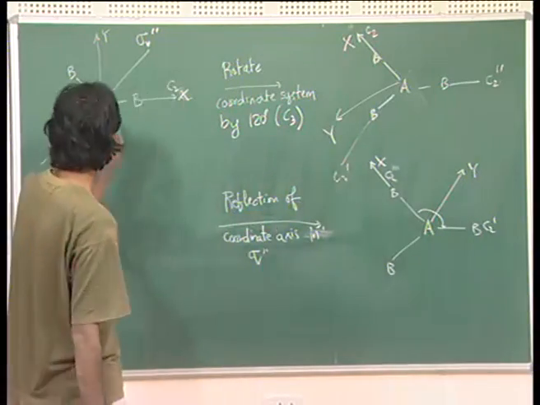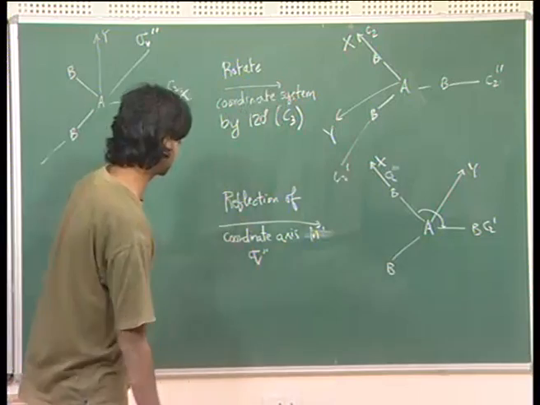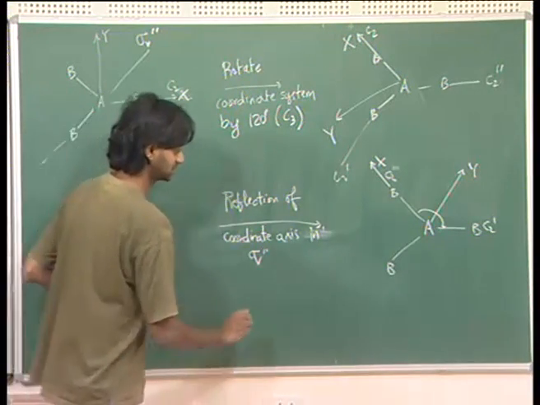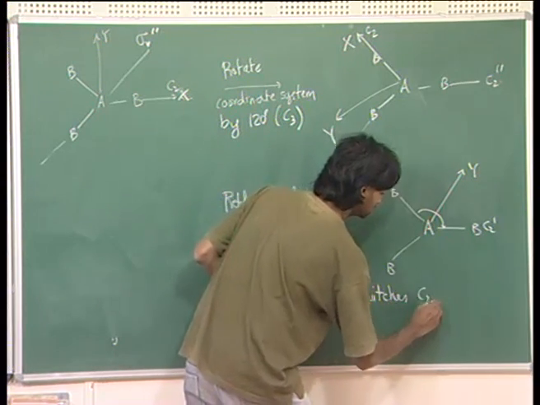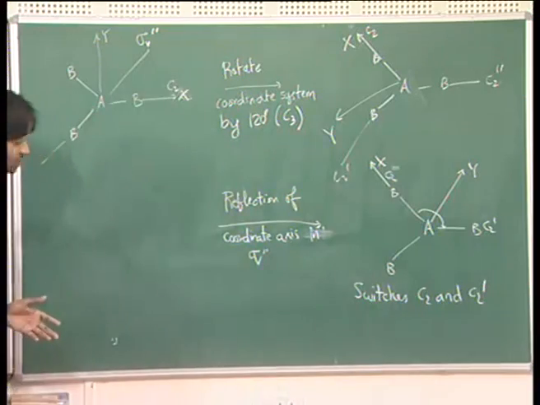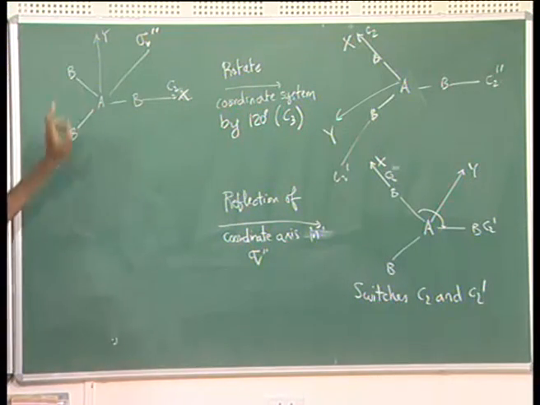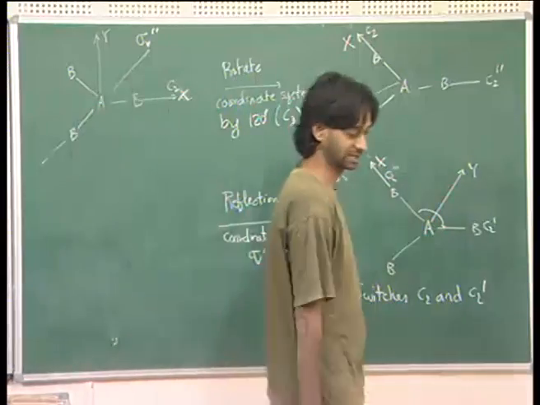Since I reflected, I will be measuring the angles in the opposite direction. So I switched C2 and C2 double prime. So this switches C2 and C2 prime, and that shows that C2 and C2 prime are equivalent operations, are in the same class.